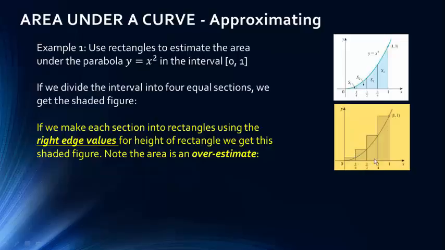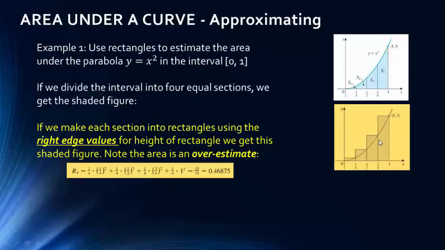For the third rectangle, the right edge value is 3/4, so we go up to where the curve touches 3/4 and make that the height. For the last one, between 3/4 and 1, 1 is the right edge value, so we go up to where the curve meets x equals 1 and make that the height.